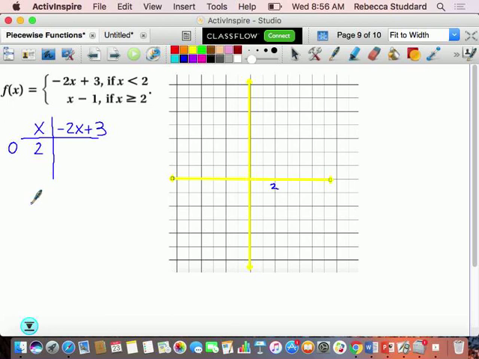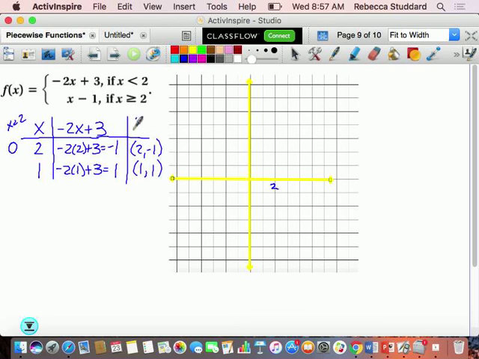And then we're going to need a number that is less than 2, because this is x is less than 2. So what's a number less than 2? 1. So we plug those in. And we have 2 ordered pairs. We have the ordered pair 2, -1, and the ordered pair 1, 1.